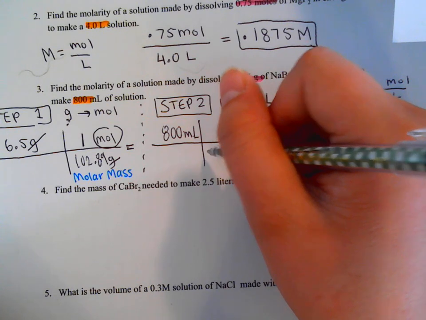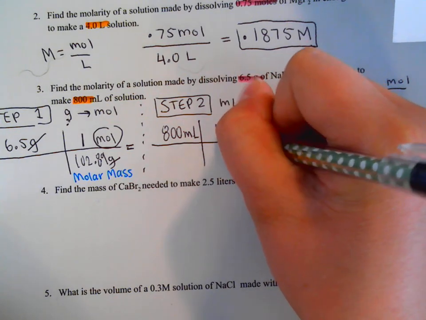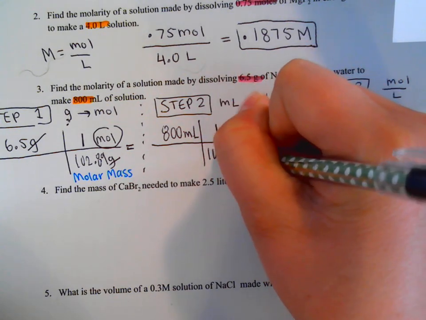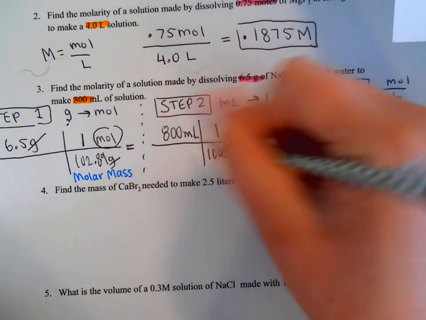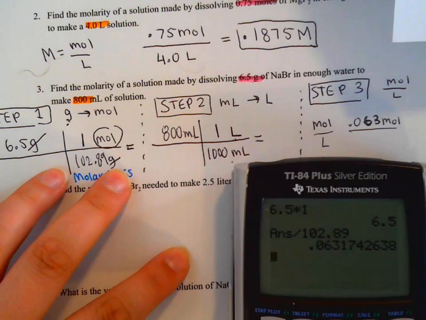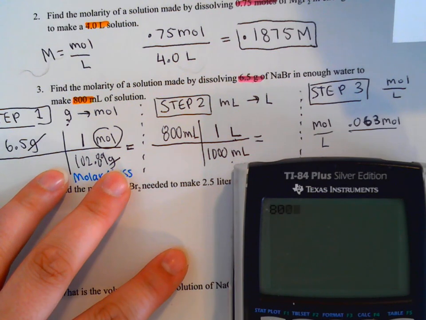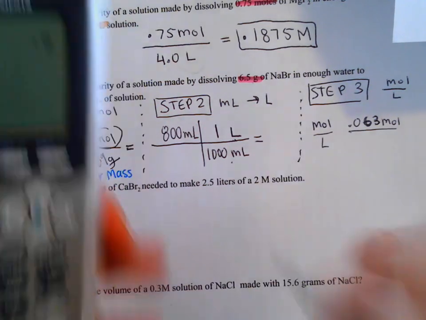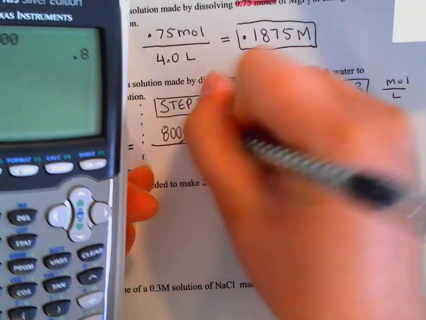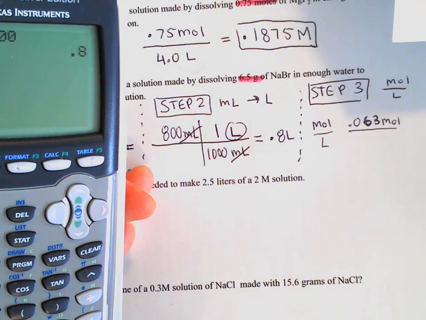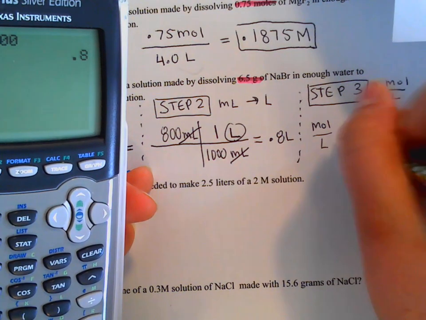This is something you should have memorized. In 1 liter, there are 1,000 milliliters. Then we'll plug that into our calculator. We'll take 800 divided by 1,000, and you might be able to do that in your head. We get 0.8 liters because our milliliters cancel out.